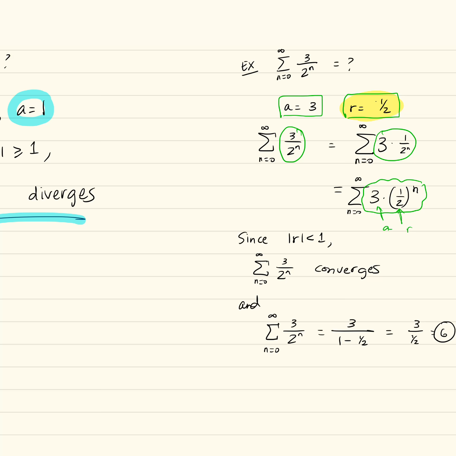Now, if r is equal to 1/2, the absolute value of r is less than 1, so our series converges, and we can compute the sum. Remember our formula is a over 1 minus r. For r equal to 1/2 and a equal to 3, we have 3 over 1/2, which gives us 6.